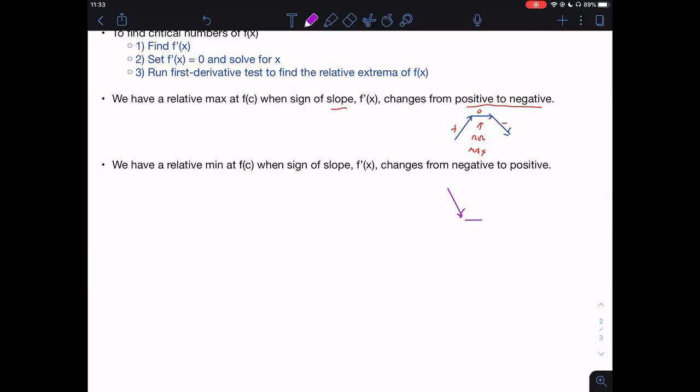Then it zeroes out, the slope becomes 0, and then the slope becomes positive, indicating our function has started to increase. So we went from negative, 0 or undefined, and then positive. At that point where we zeroed out, we reached a relative minimum.